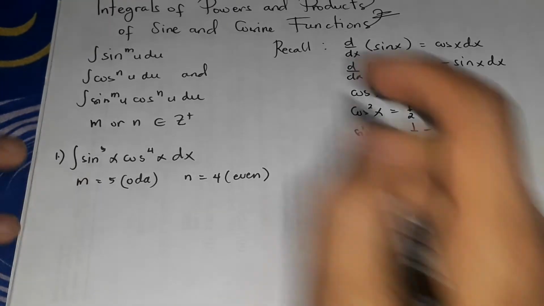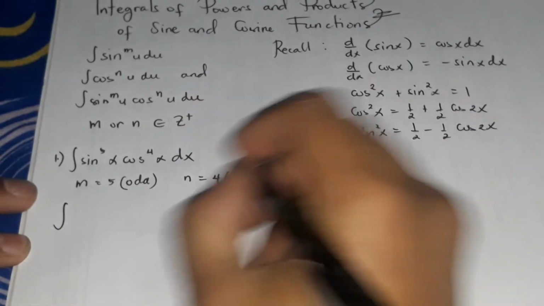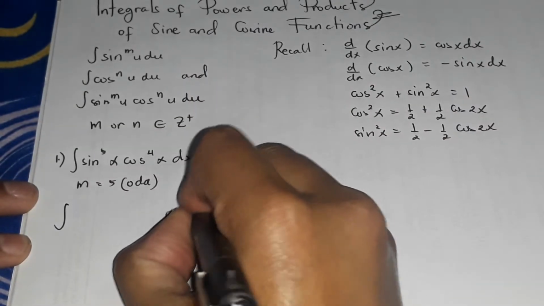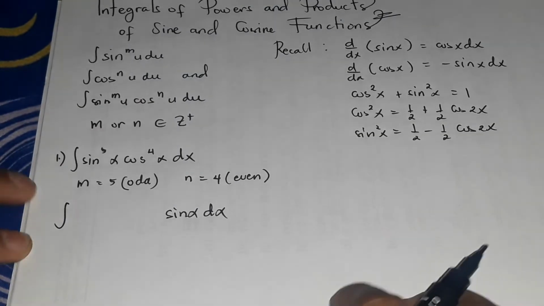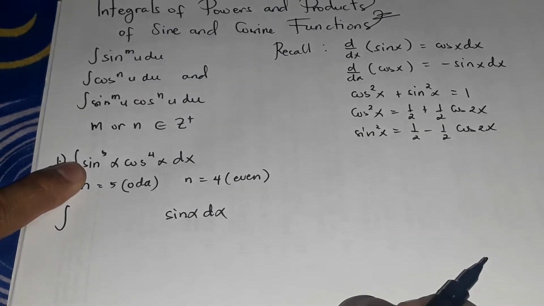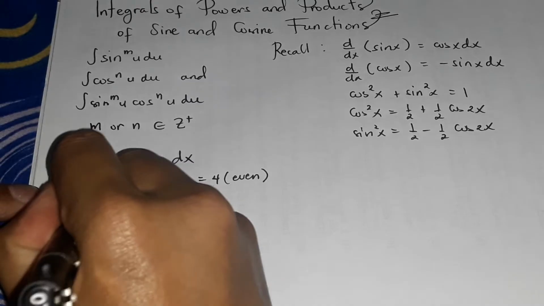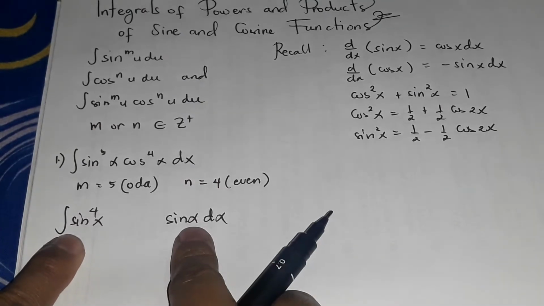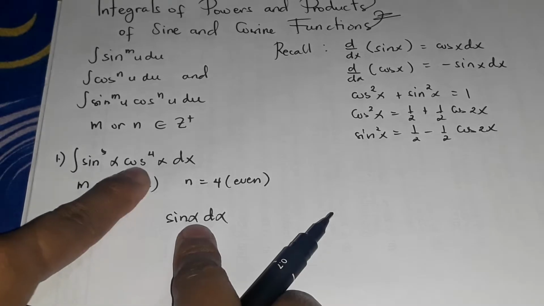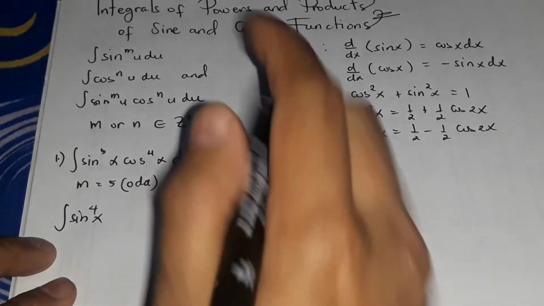So we have the integral of, we will be writing sine x along with dx, and then originally you have sine raised to 5, so I will write sine raised to 4 of x. So this 4 plus the 1 makes sine raised to 5, and then I will just copy this cosine to the 4.